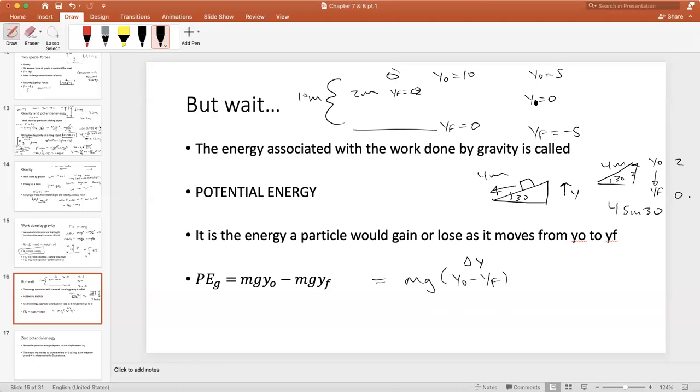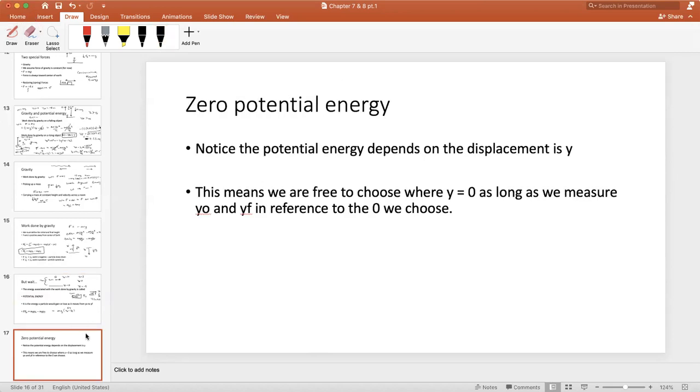But the important thing is, it's the change of y that matters. You can always assume one of those two is 0 and figure out what the other one is, whether positive or negative, depending on which one you're calling 0. Then you have to understand this whole idea here. This is what I'm saying are 0.